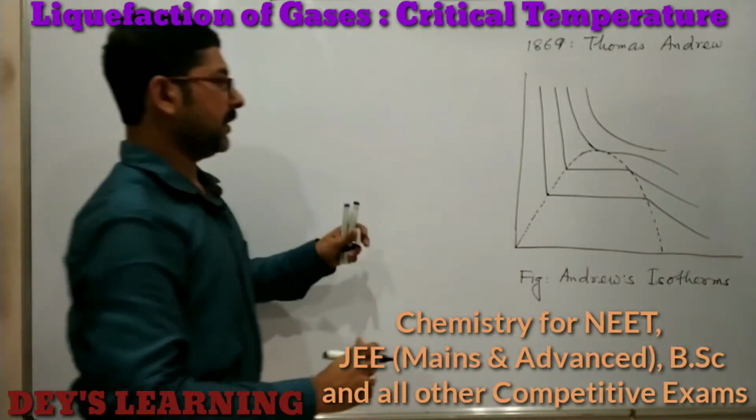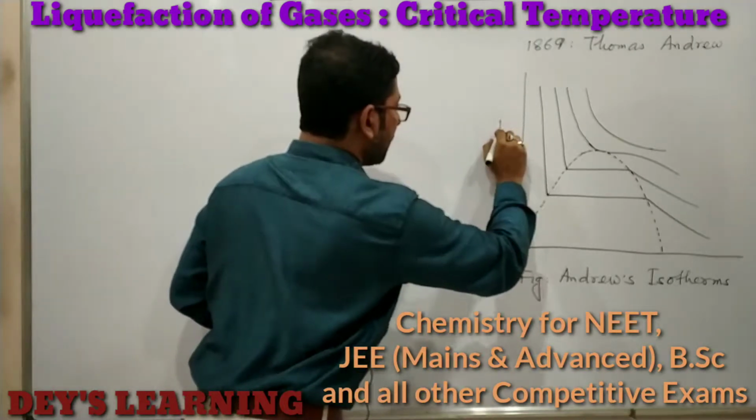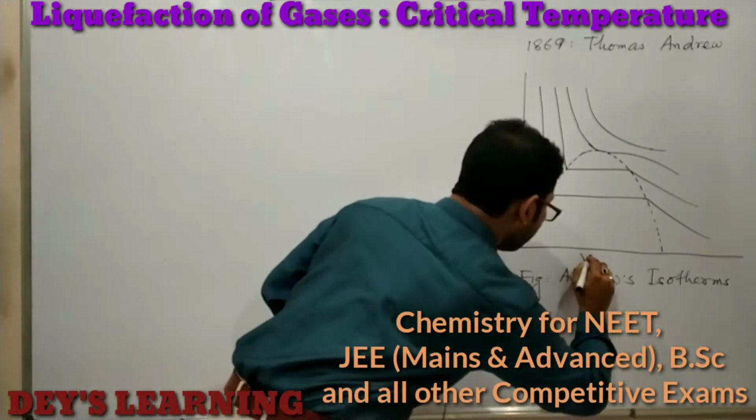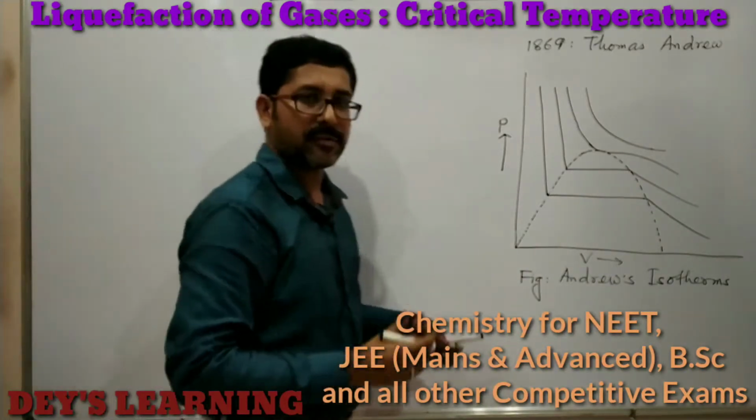Isotherms, there are more than one graph. So this is actually the graph of P versus V, pressure and volume of different states of a substance.